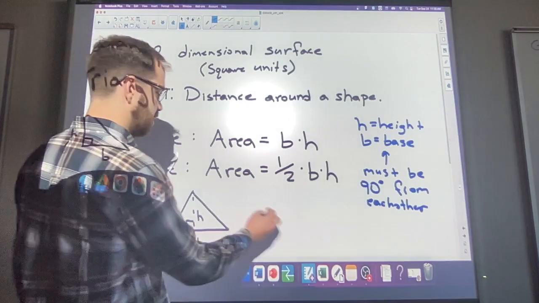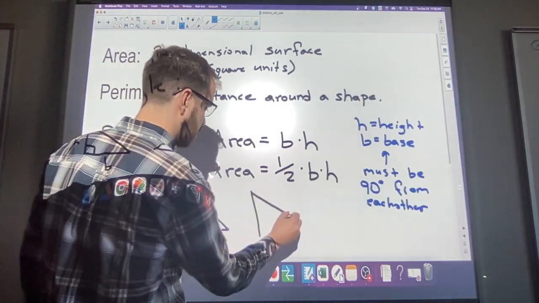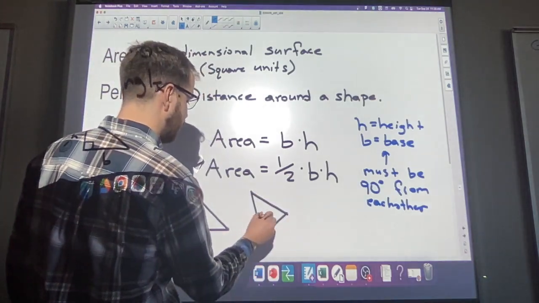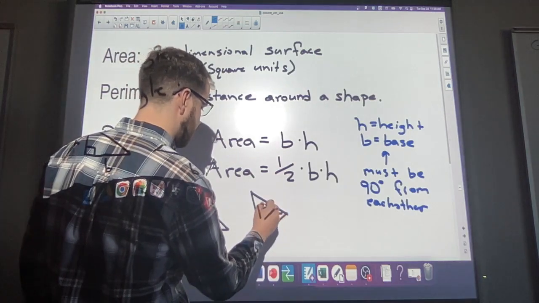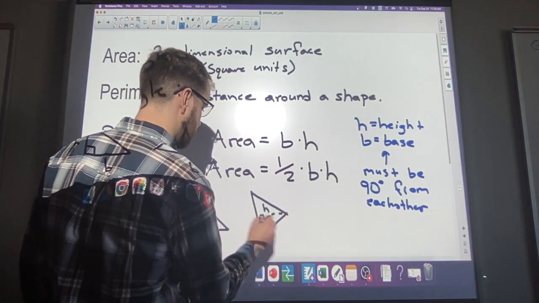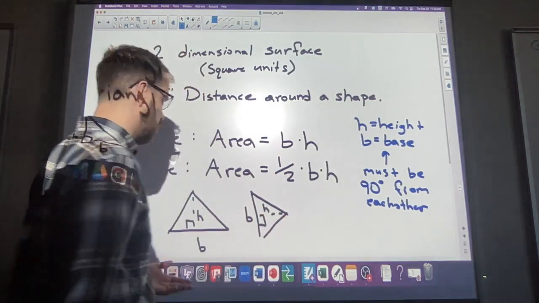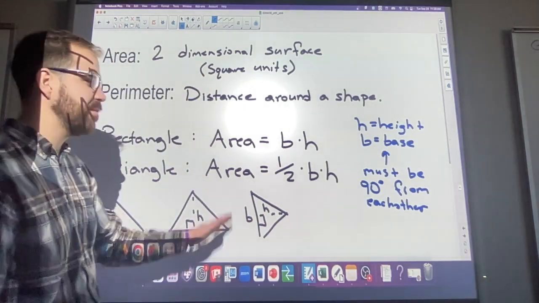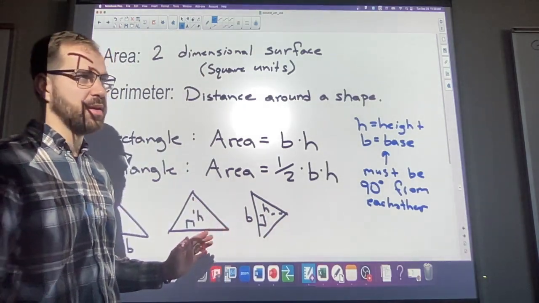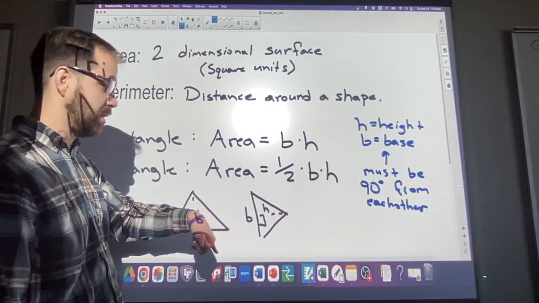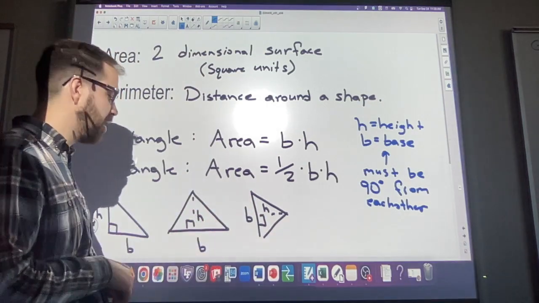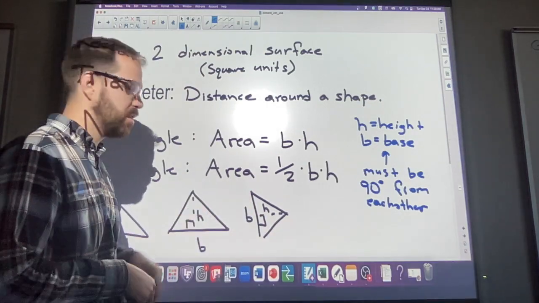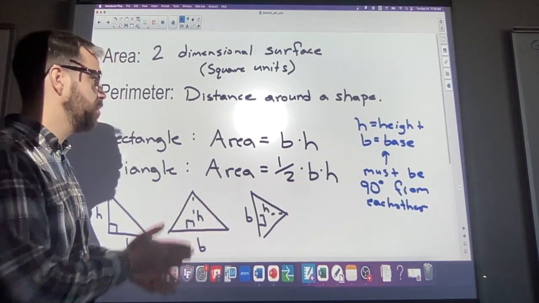And sometimes it'll even look like this, where our height is here and our base is here. So it won't always be the bottom. They just have to make a 90 degree angle when they meet. It can look different depending on orientation, but the base is not always on the bottom, it just has to make a right angle.